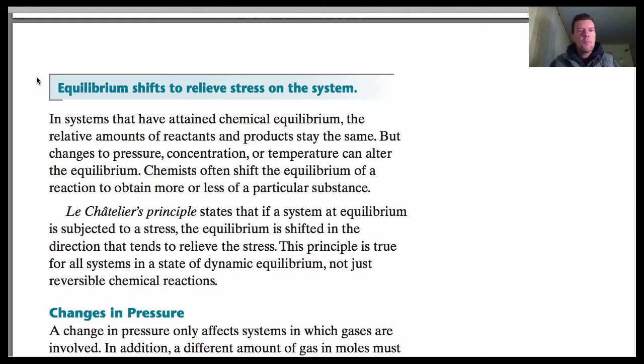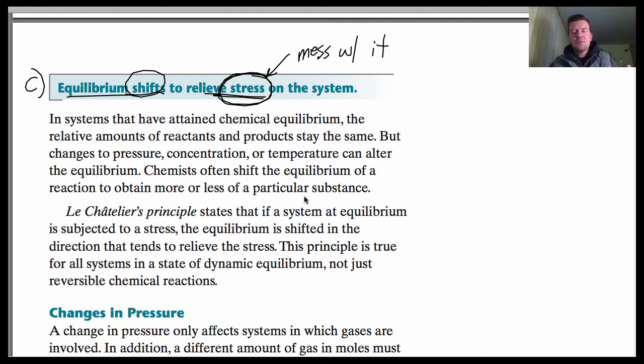Okay, so our point here is that equilibrium shifts can happen, and they happen to try to relieve stress. When you mess with it, if you add some stress, this is you messing with it, if you alter something, then that equilibrium is going to shift to try to get back to a balanced state. Okay?